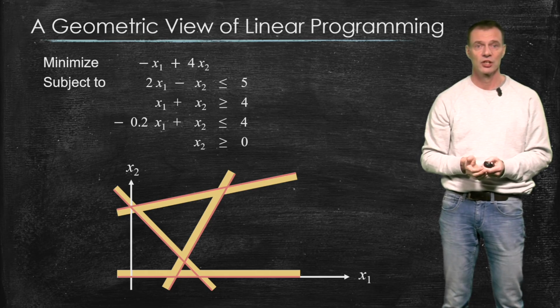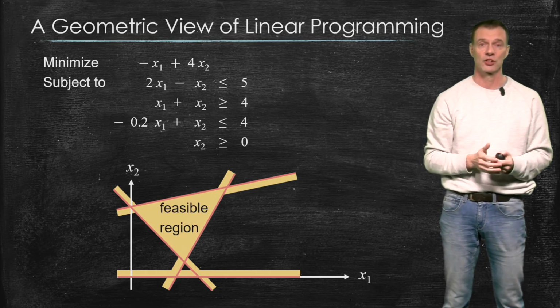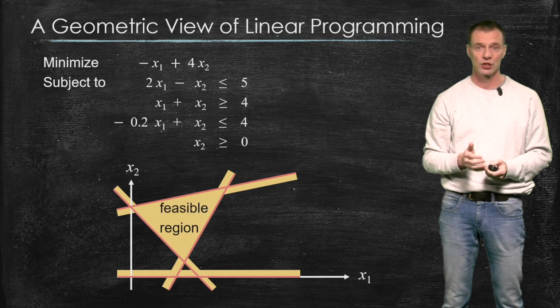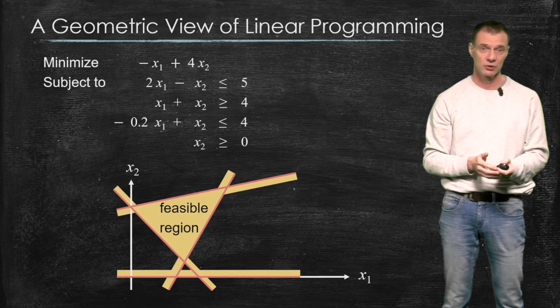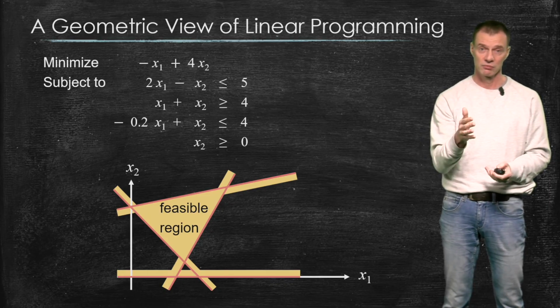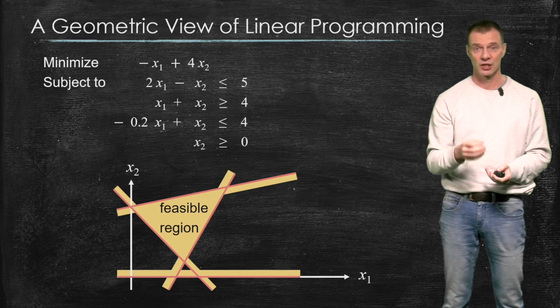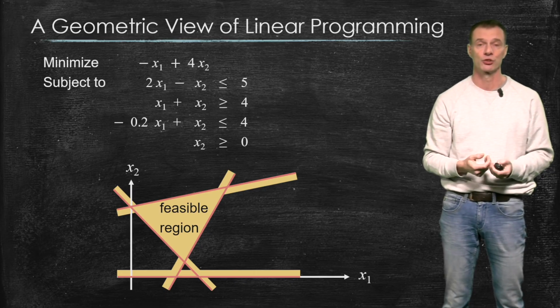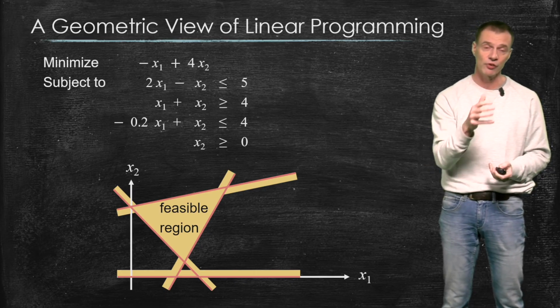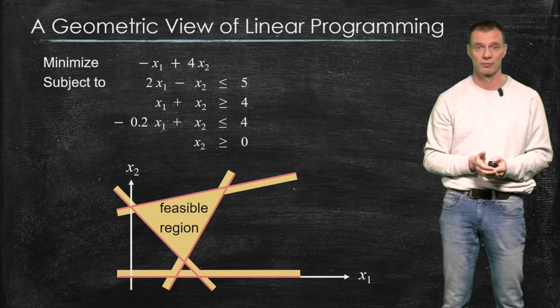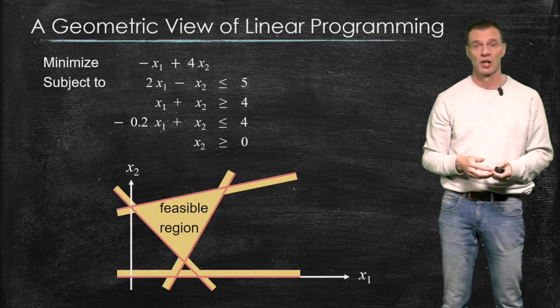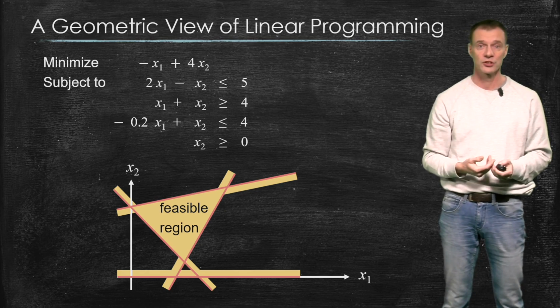So in this case, what you see is that the intersection is here, and this intersection is called the feasible region, because a point in this solution space is a valid solution, a feasible solution, if and only if it lies in this feasible region. So this represents, you could say, all the constraints.